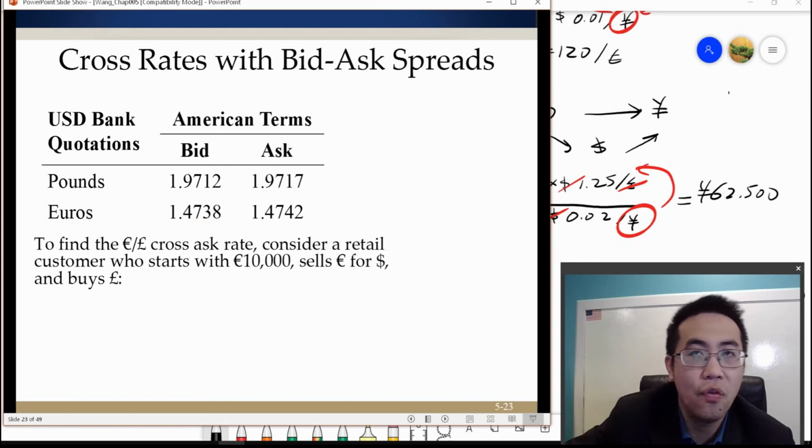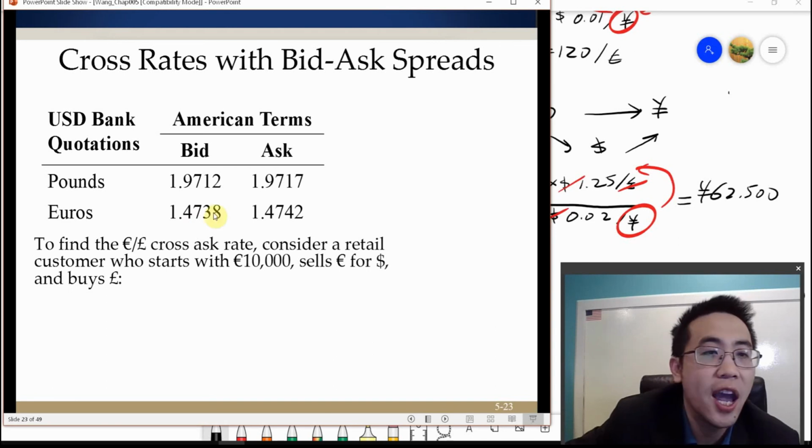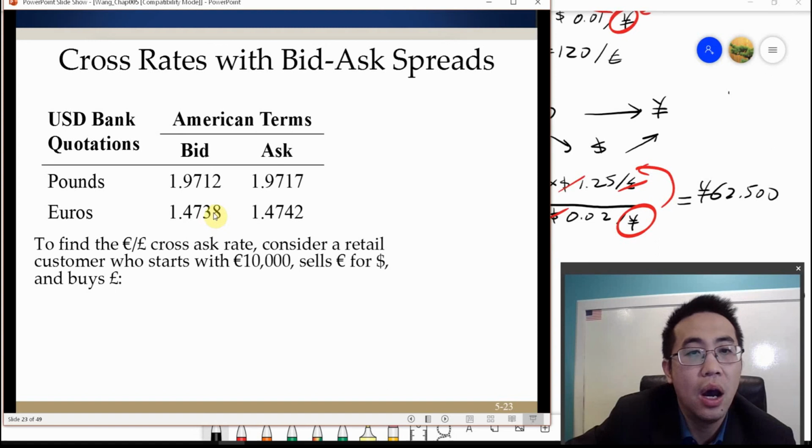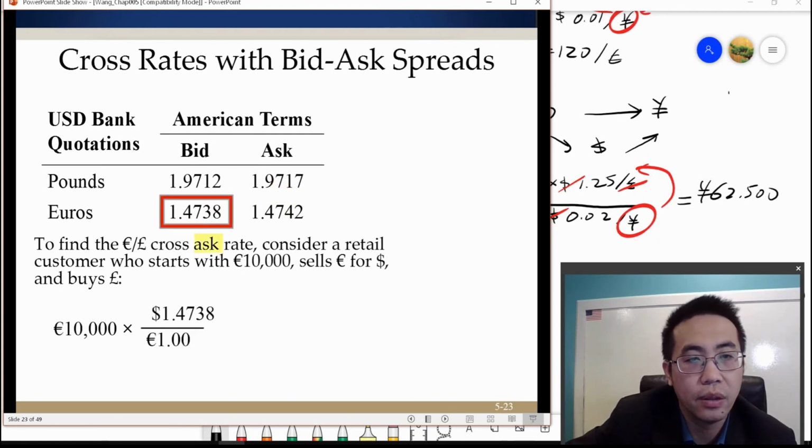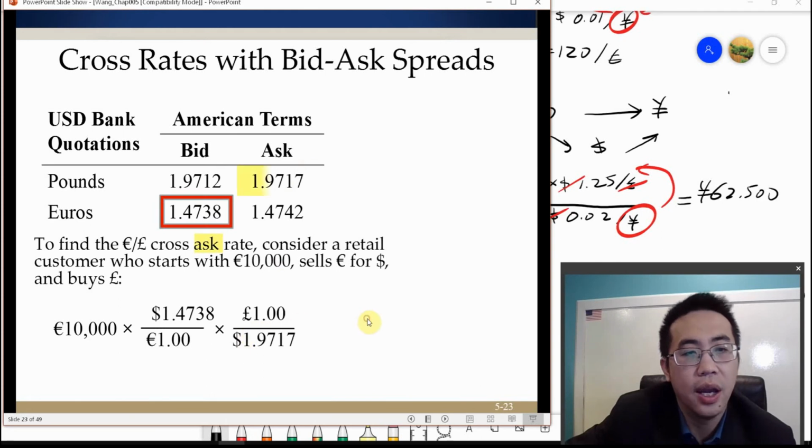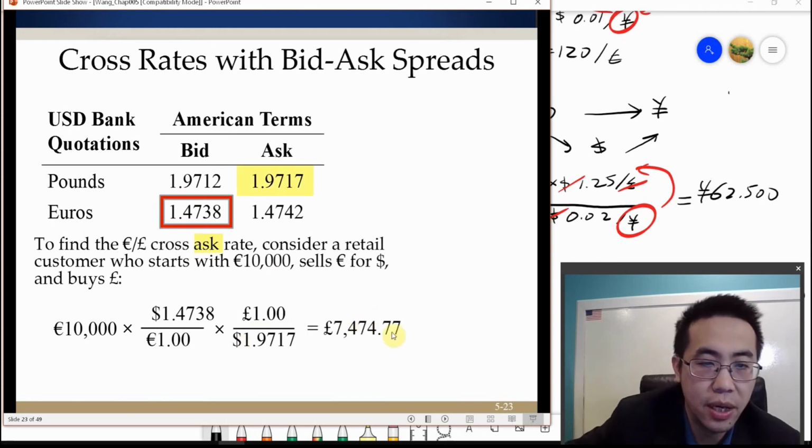So that's going to give you 14,738 US dollars, and then you're going to use US dollars to buy the pound. Okay, if you buy the pound, you're going to divide by the ask price of the pound in direct quote or American term. So you're going to divide by this ask price, and then that's the amount of pounds you get.